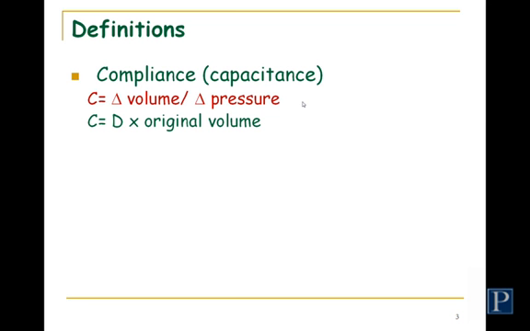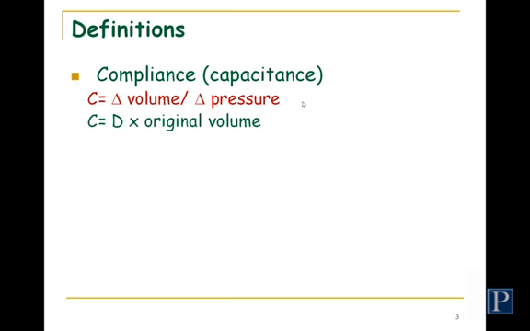So I want you just to close your eyes and envision this. If something is very compliant, if I put a certain volume of blood in that vessel, the pressure will not increase that much. If it's not very compliant, if I put in the same volume of blood, the pressure will increase much greater.